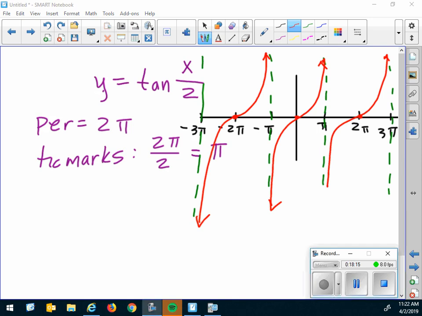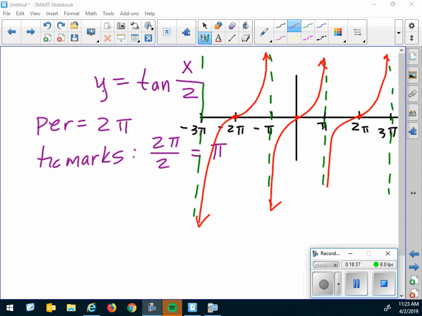Look at number 6. We're not going to get this deep into tangent. I just want you to know, what would the C do? C would be a phase shift, but if you've got a B, what do you have to do? Factor it out, just like on sine and cosine.